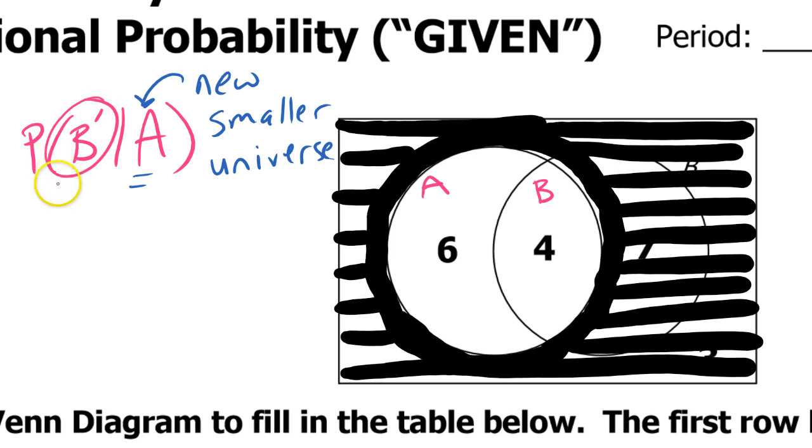So now we can just do the probability of not B. So let's start by shading in not B. So here's B over here where the 4 is. So not B is going to be over here where the A is. So here we're shading not B.